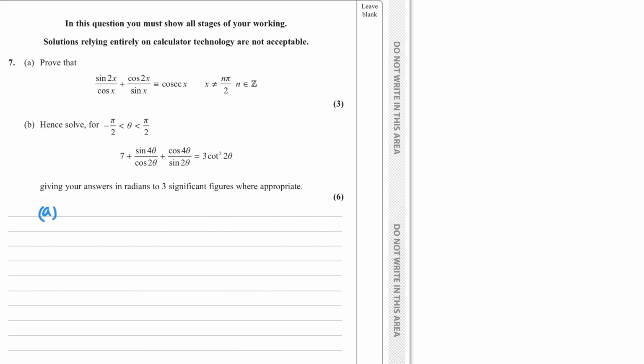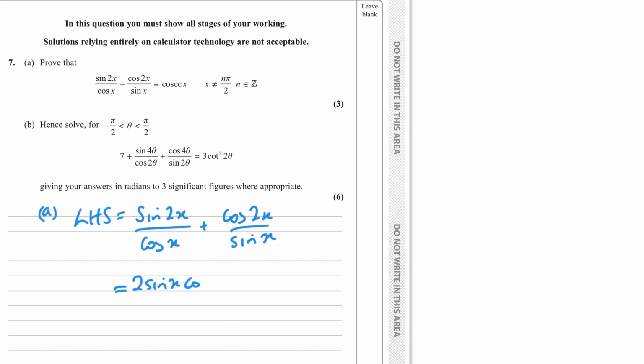Okay, part A is prove that. So we want to start with one side. So I'm going to start with the left-hand side. So we get sine 2x over cos x plus cos 2x over sine x. So sine 2x is 2 sine x cos x, and that is over cos x.